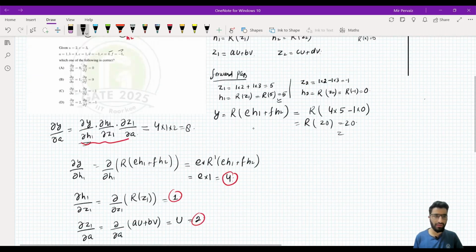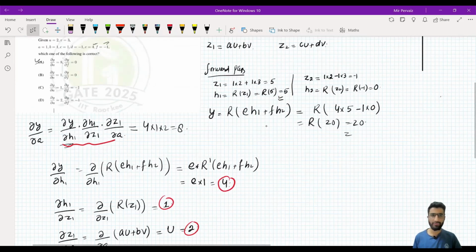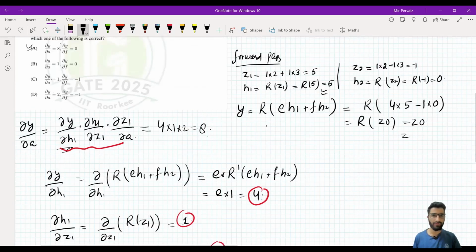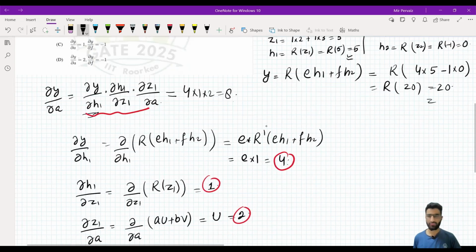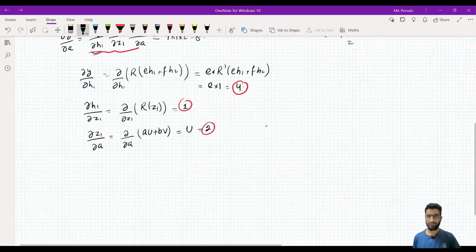Here you can see only option A has the value 8 with respect to A. We can discard the other 3 options, but for understanding purposes, we will also calculate the partial derivative of y with respect to f, and let's see if it comes out to be 0.